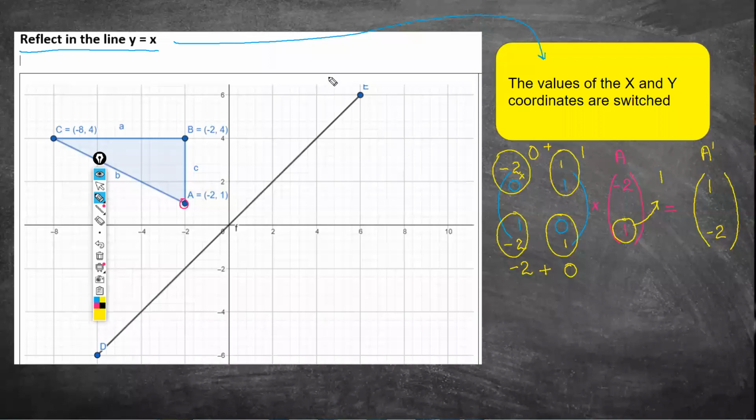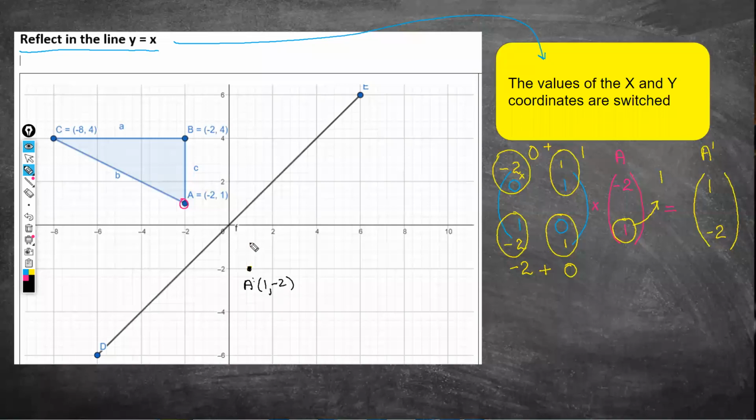So that means when we reflect it in the line y is equal to x, where does it end up? Look at the values of that point. The top is the x, the underneath is y. 1, minus 2. 1 is somewhere around here, and minus 2 here. So A prime is 1, minus 2.